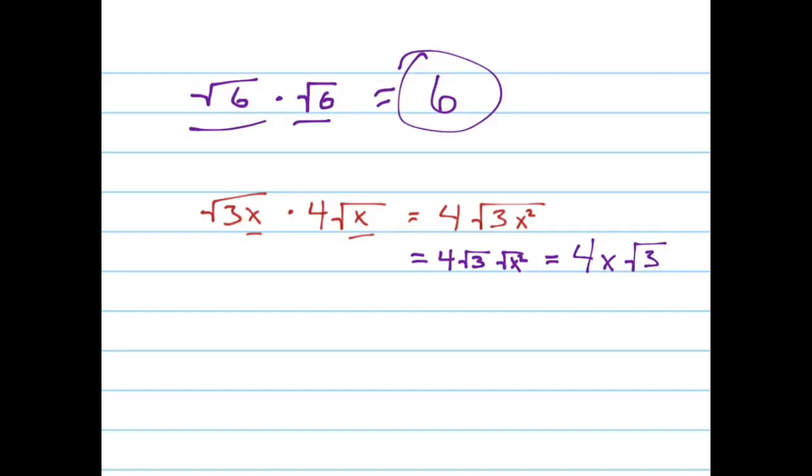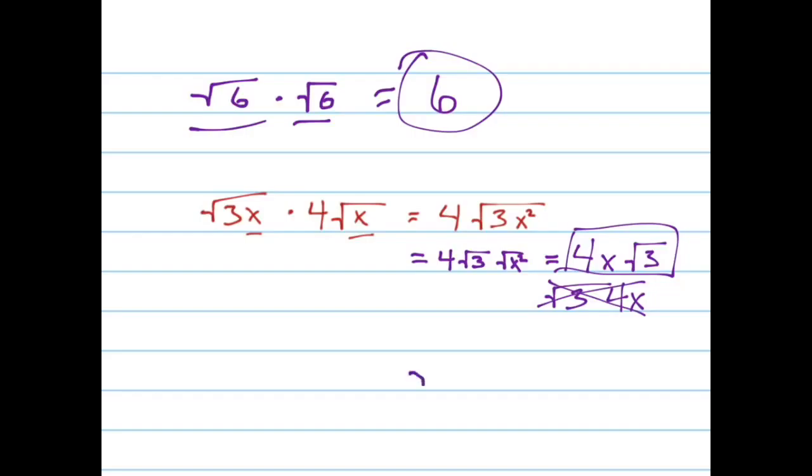This has more to do with avoiding confusion, because you might think the 4 or the x is underneath the radical. Writing it this way saves you confusion: only the 3 is under the radical.